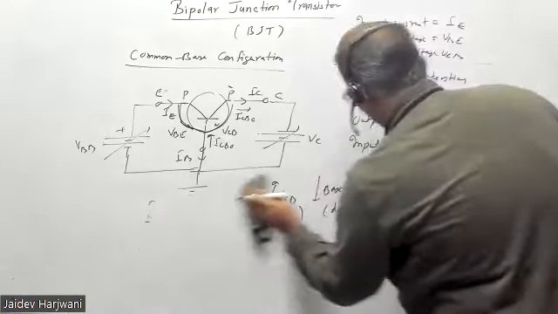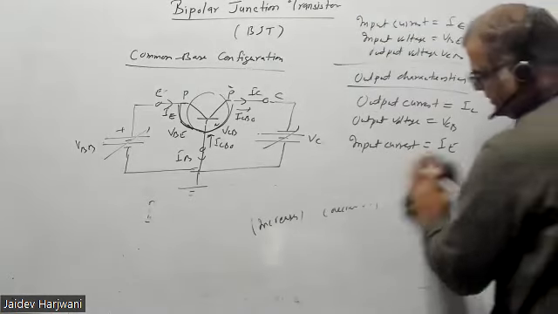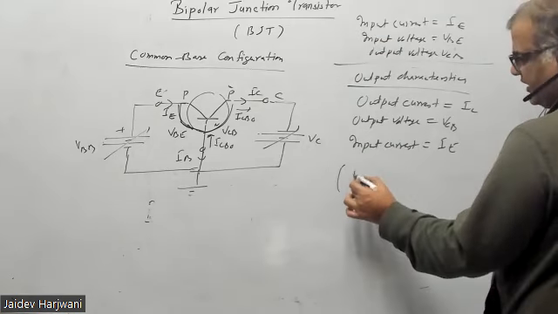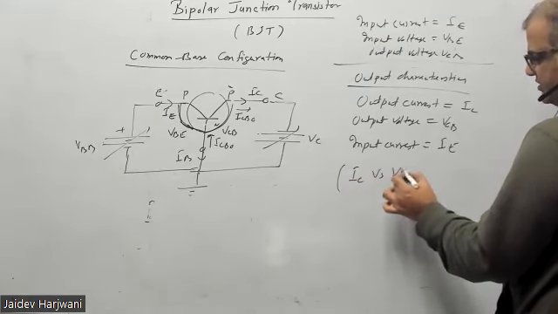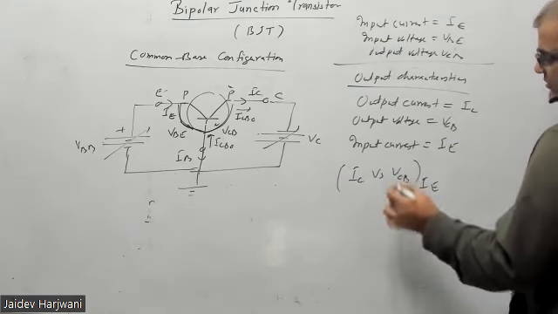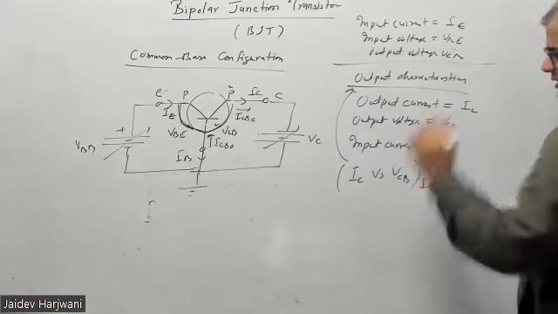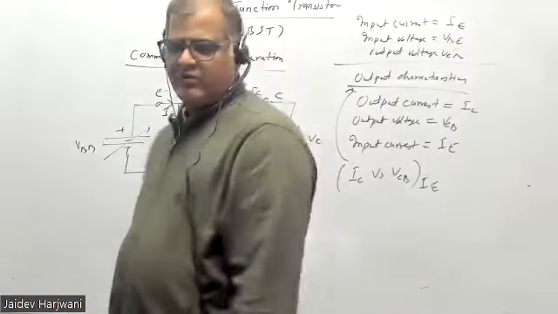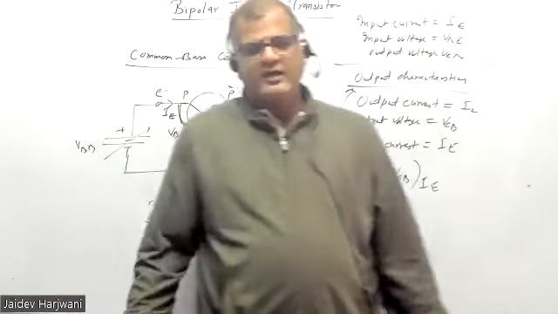So now how to draw the IV characteristics, keeping the relation between IC versus VCB, keeping IE constant. This is called output characteristics, okay. Why are we drawing output characteristics? Because we want to know how much resistance is coming at the output side.